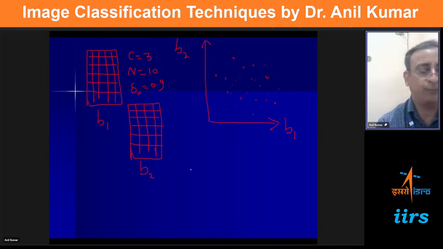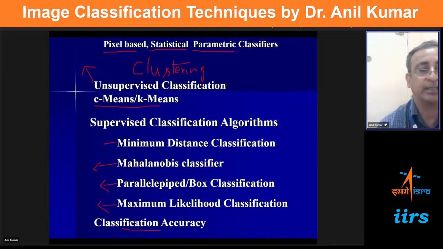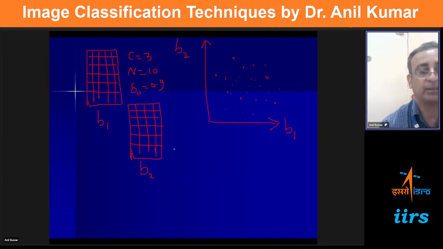So if you see here, which algorithm is it using, C means or K means? In C means it is using the Euclidean distance.